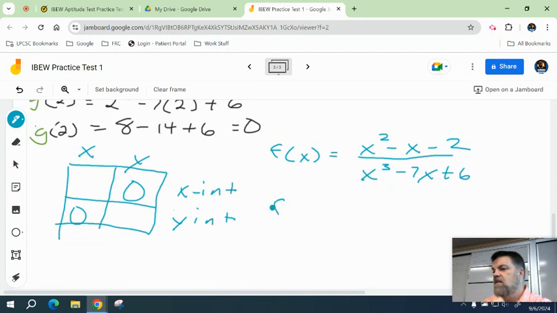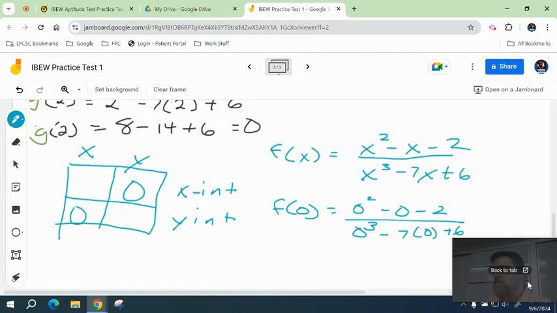So when I say f of 0, I'm saying 0 squared minus 0 minus 2 all over 0 cubed minus 7 times 0 plus 6.